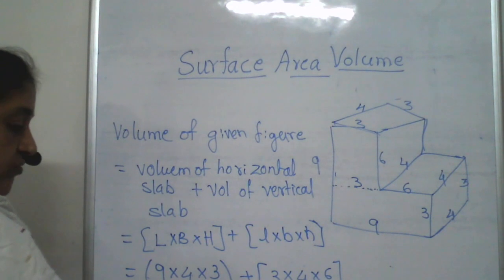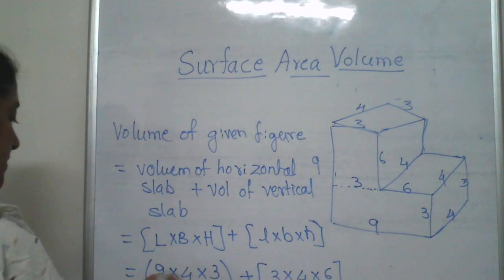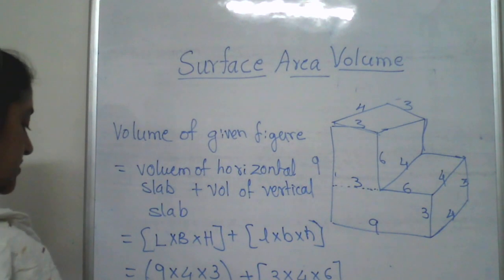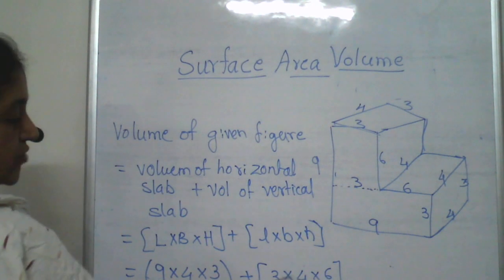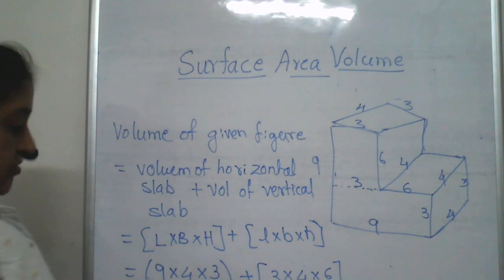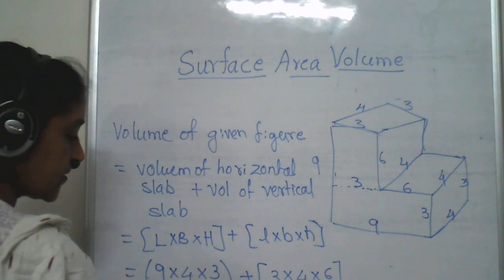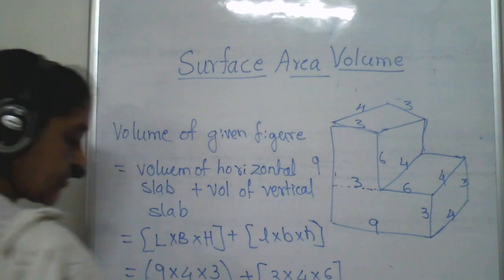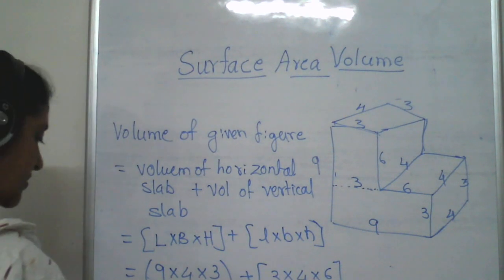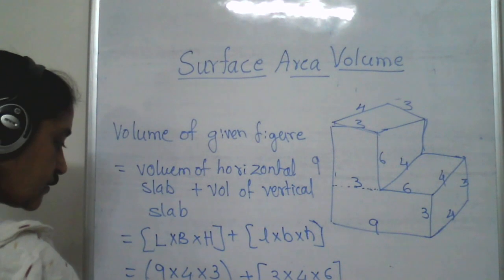So 9 into 4 into 3, you will get 108 centimeter cube, plus 4 into 3 into 6, which is 72 centimeter cube. When you add it, you will get 180 centimeter cube.